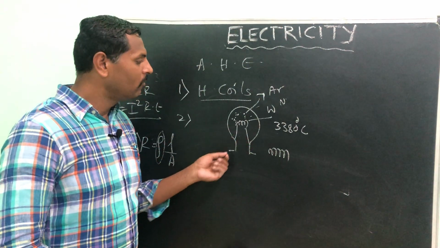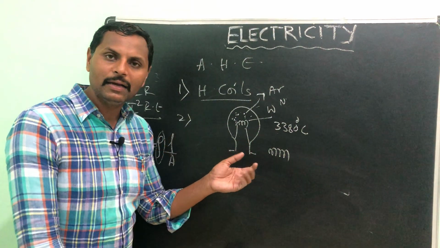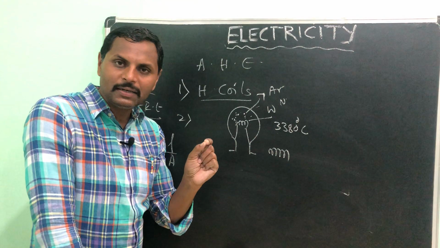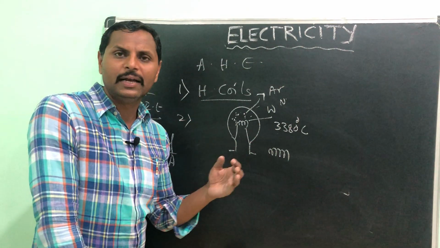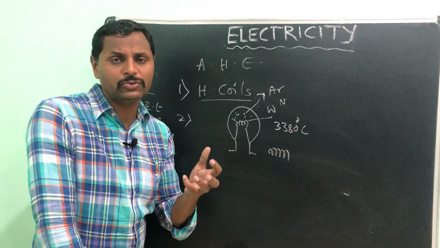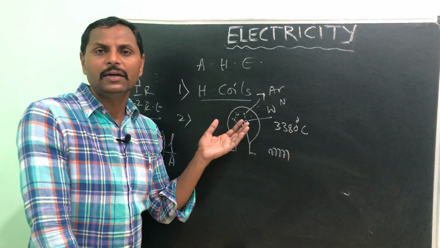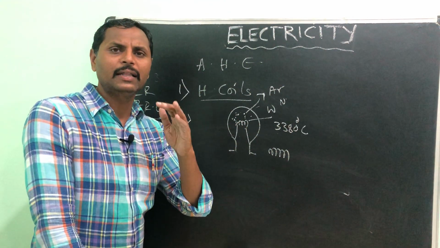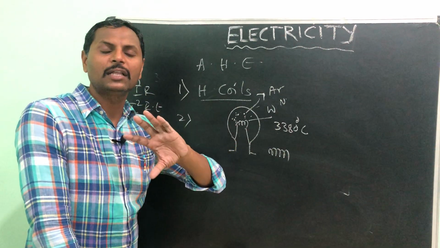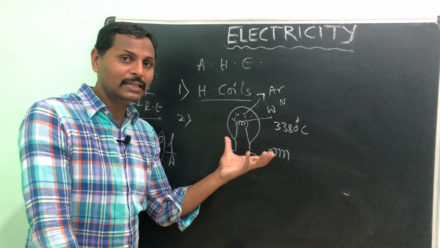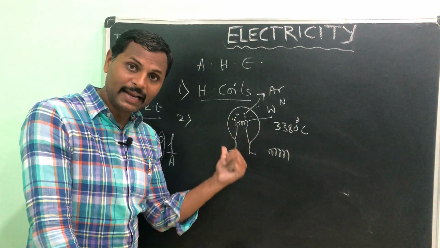Okay, so when you pass the current in it, as it has a high melting point and is a very thin filament, it shows more resistance, and having more length also adds to the resistance. Okay, and then it becomes reddish, and that red heat is transferred into light. Like this, we were getting light from the heating effect in the incandescent bulb.